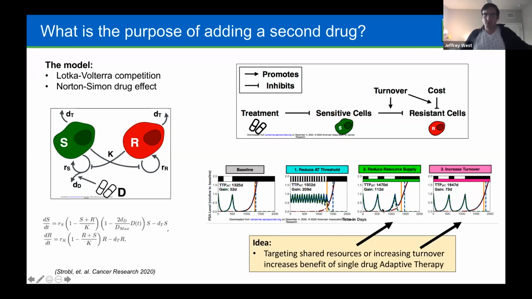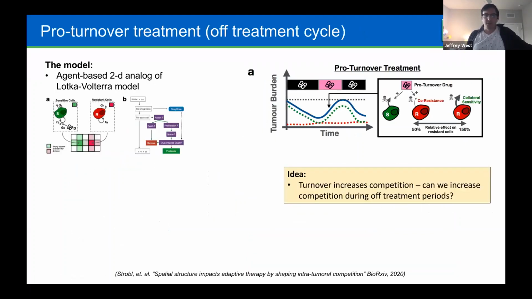And so could we do a little bit better than that and administer these 2 drugs in a smarter way? That's the second paper I just want to mention, where again, Maxi Strobel has implemented an agent-based extension of that Lotka-Volterra model, and he tries out 2 different secondary drugs here again.